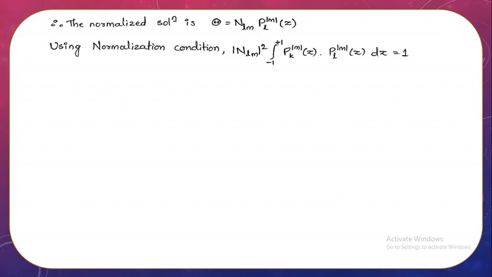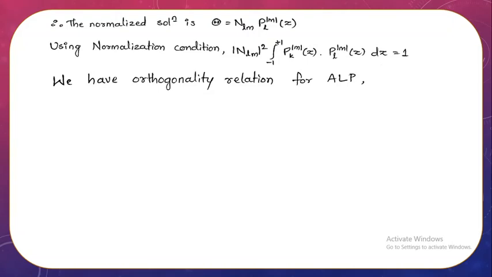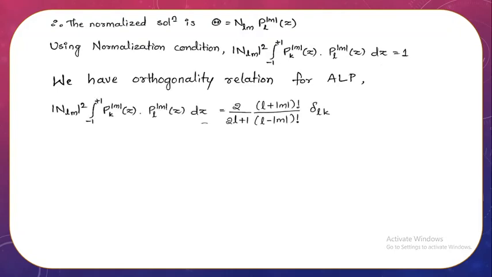Now if you substitute the value of theta, finally you will get the equation in this form, and here the limits of integration will be from -1 to +1, according to the Legendre polynomial. From the same we have the orthogonality relation for the associated Legendre polynomial, which says the integral will be equal to 2 by 2l plus 1 into l plus mod m factorial divided by l minus mod m factorial into delta lk.